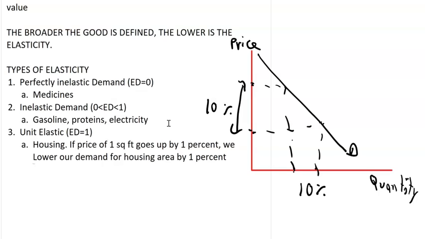If the price of housing goes up, we want to spend exactly that amount, so we cannot go over the limit, so we tend to buy a smaller house. So housing could be one example of unit elastic demand.